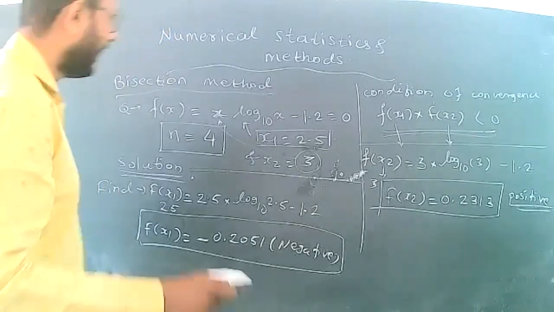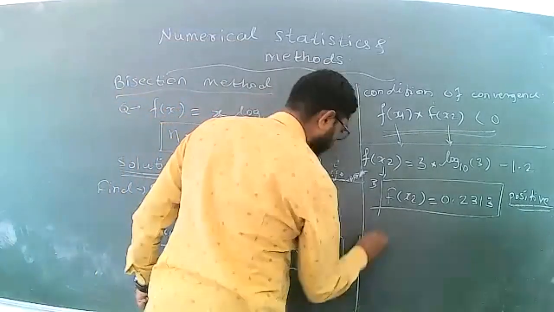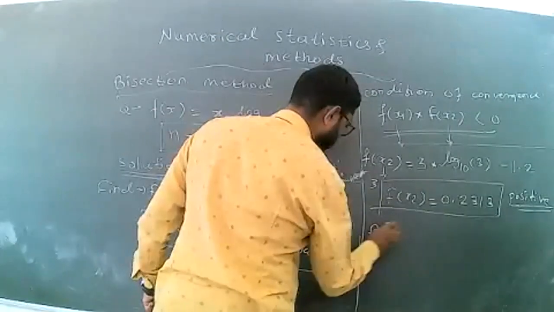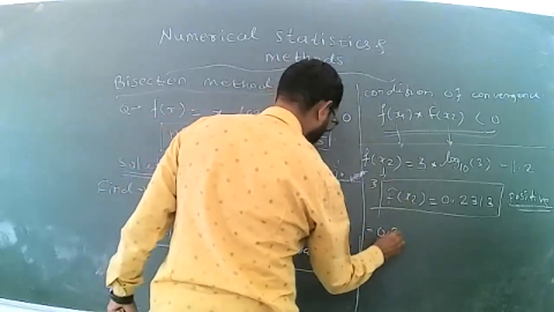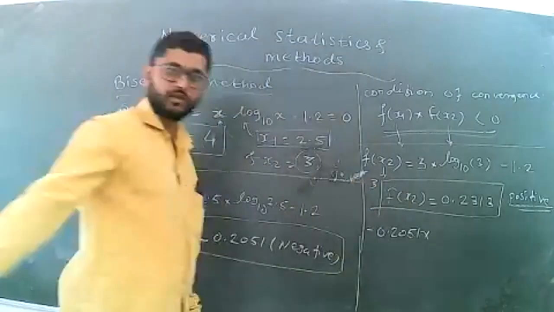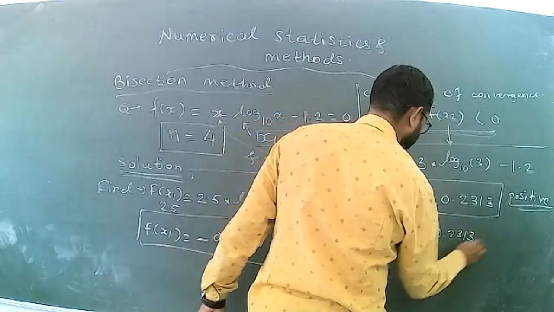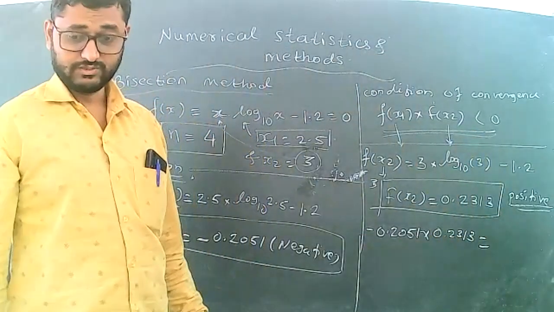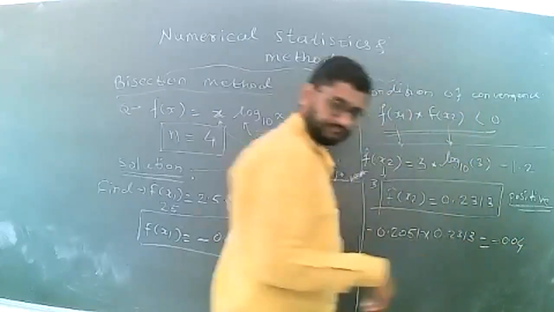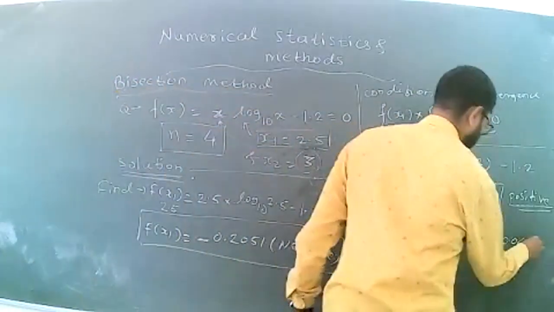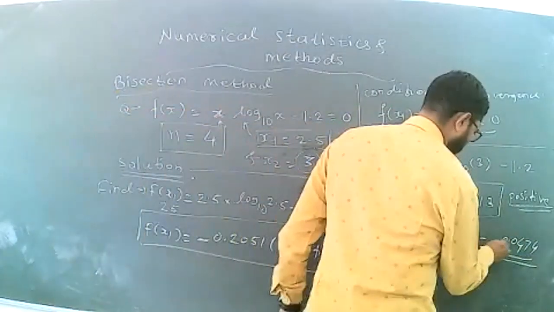So next step is to check f of x1 into f of x2. f of x1 is minus 0.2051 into f of x2, 0.2313, which comes to minus 0.0474.